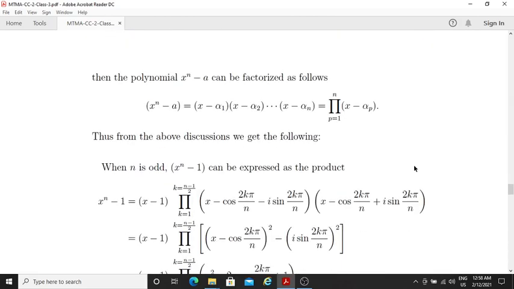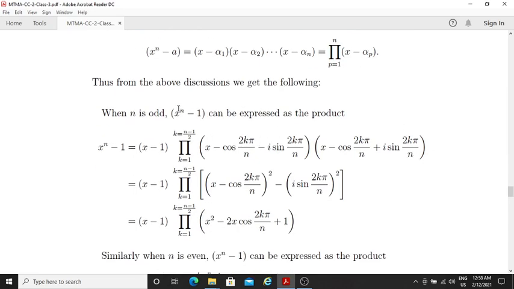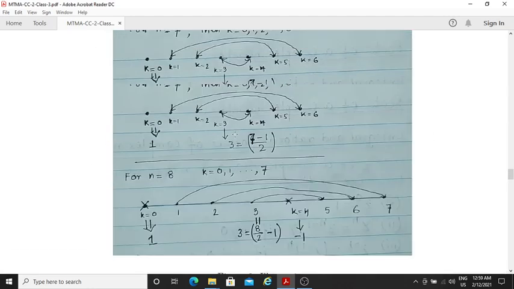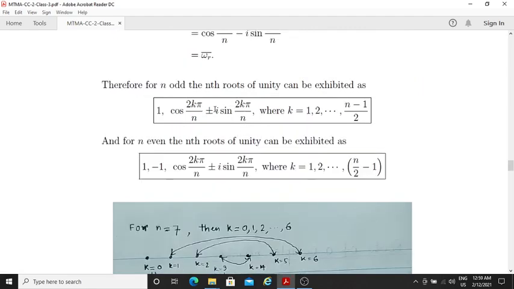Now we are looking at the polynomial x to the power n minus 1. Now this can be written in the form of a product. So if n is odd, in that case 1 is one of the roots, so that will be one factor, and the other factors are the roots listed here.